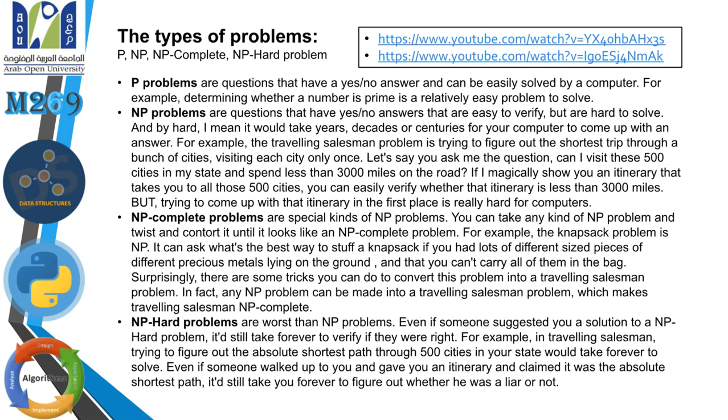So if I show you the trip, how I visited the cities, the whole trip that takes you through the 500 cities, it's very easy to know if it is less than 3,000 miles or not. But it's very hard, even using a computer, to build the best solution for 500 cities.